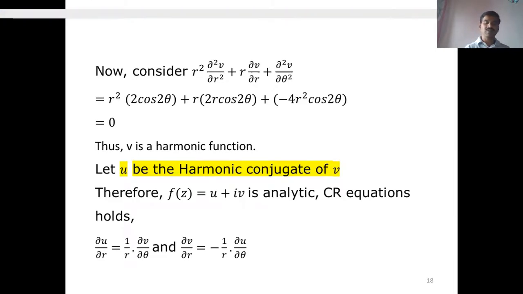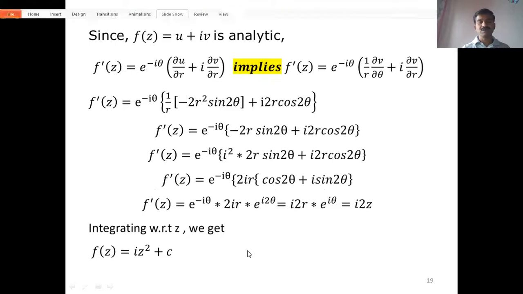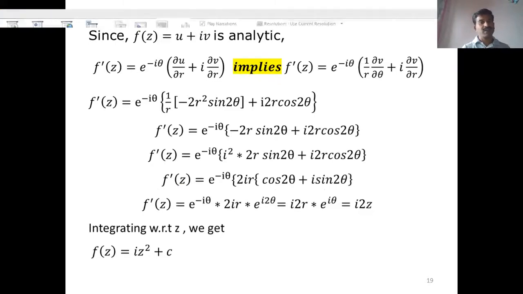Once it is an analytic function, the CR equations also hold. The CR equations in polar form are u_r equals 1 over r v_theta, and v_r equals minus 1 over r u_theta. Since the function is analytic, the derivative exists, and we can take the derivative definition in polar form.